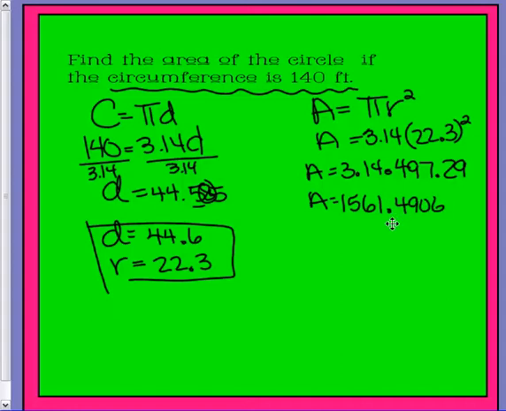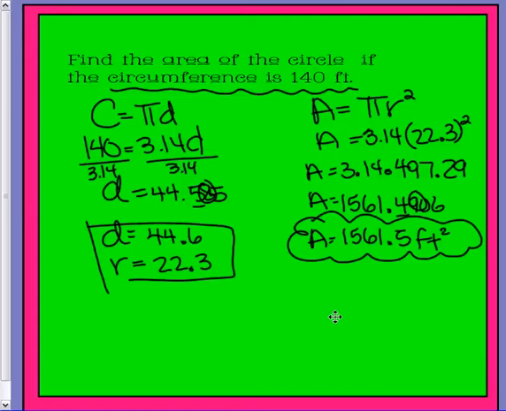Okay, let's round again to the nearest tenth. So 1,561 and 5/10, and these are feet squared. Why? Because we're working in area. When it was circumference, it was just regular feet because it's just a measurement, while this is covering something.